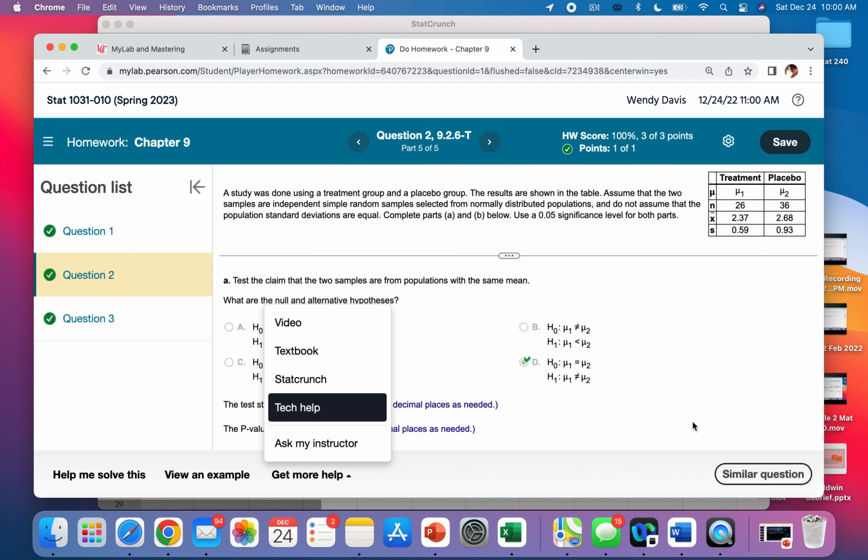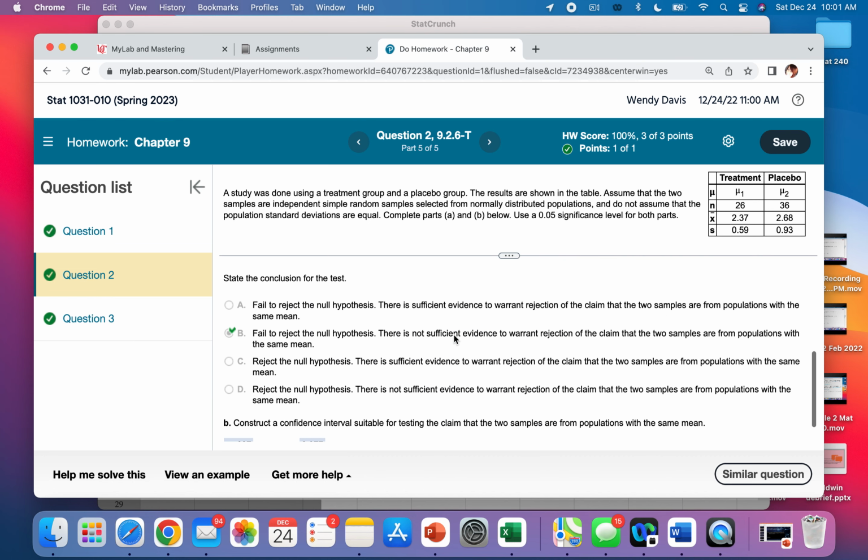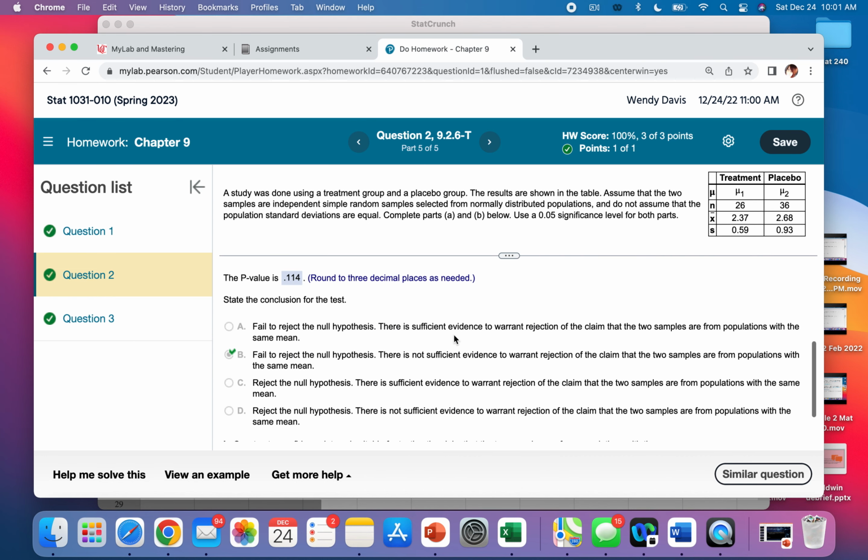It also asked us to state the conclusion. See how the p-value is more? That means we fail to reject, there's not enough evidence. When the p-value is more, there's not enough evidence.